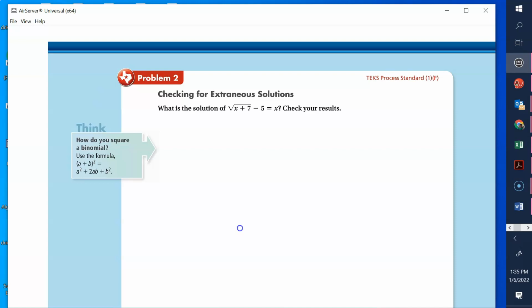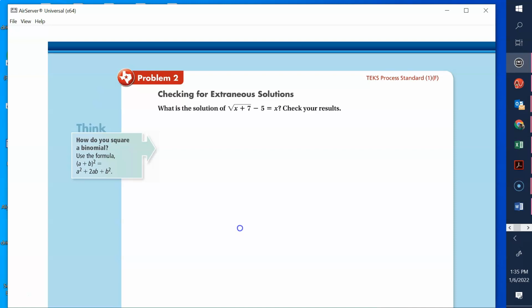Extra. Extra solution, right? In other words, there might be another solution. There might not be an answer. Remember that? That's called an extraneous solution. In other words, you're going to get more than one answer, and one of them is going to be correct. Maybe 2 of them will be correct, but there might be some that are incorrect, right?